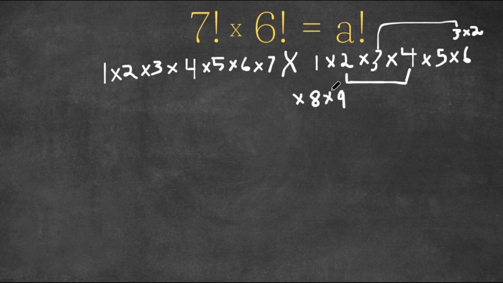And our next term in the sequence would be 10. And 10 would equal this 5 times this 2. So that would equal 10. And now, as you can see, all we have left is 1, which doesn't really count because anything times 1 is just itself. So as you can see, now we have all the numbers 1 through 10 multiplying with each other.